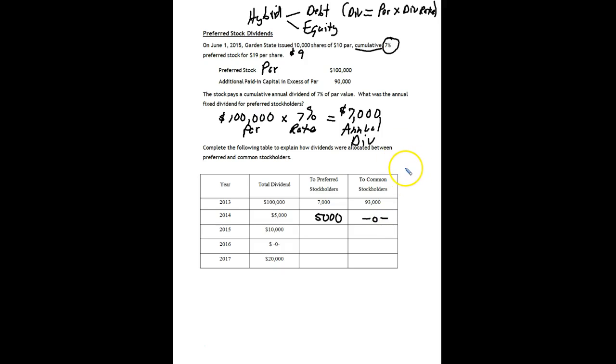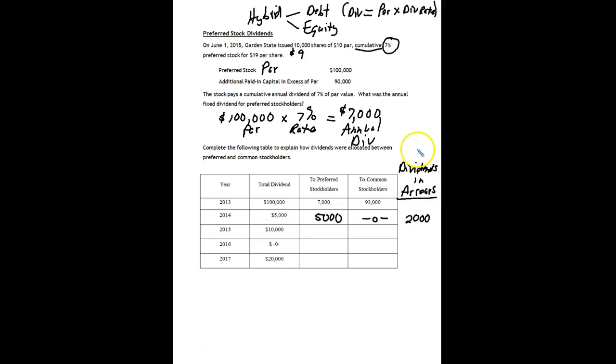Then we will have what we call dividends in arrears, right? We're behind on our dividend for the preferred shareholder. The annual dividend is $7,000, but we only paid $5,000, so we are short $2,000 in dividends.